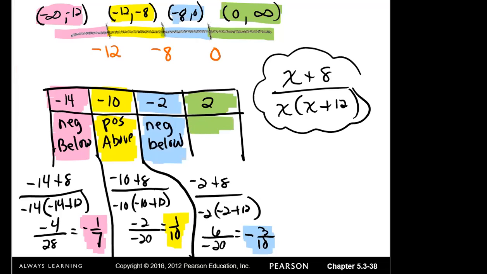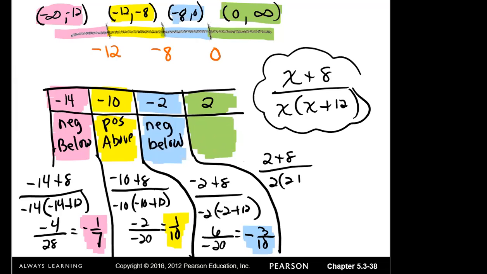And last but not least is the positive 2. And so that one's going to be 2 plus 8 over 2 times 2 plus 12. So that's what? 10 over 2 plus 12 is 14 times 2 is 28, which reduces down to 5/14.